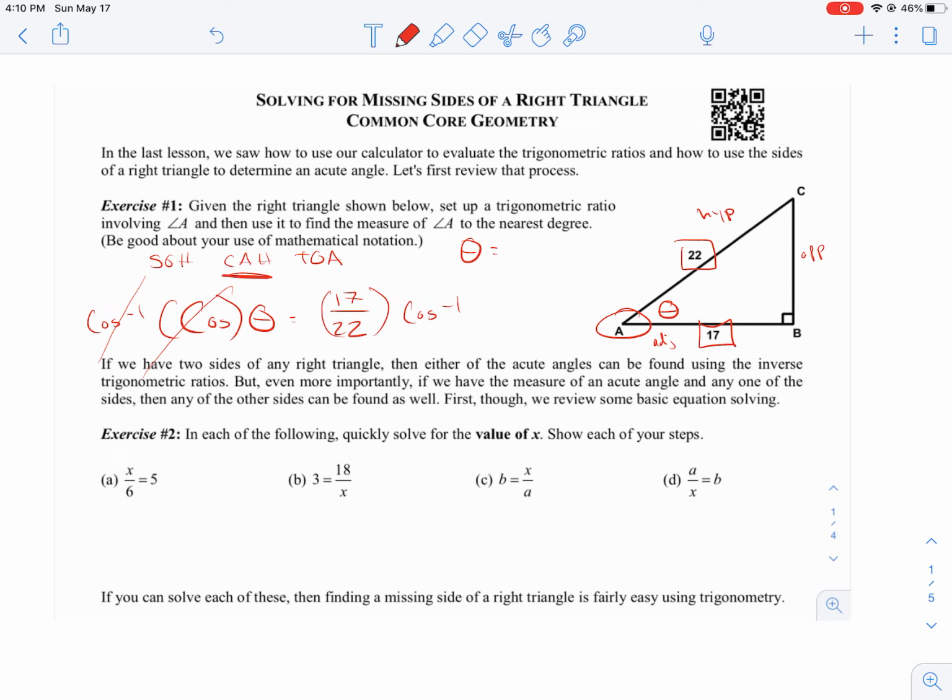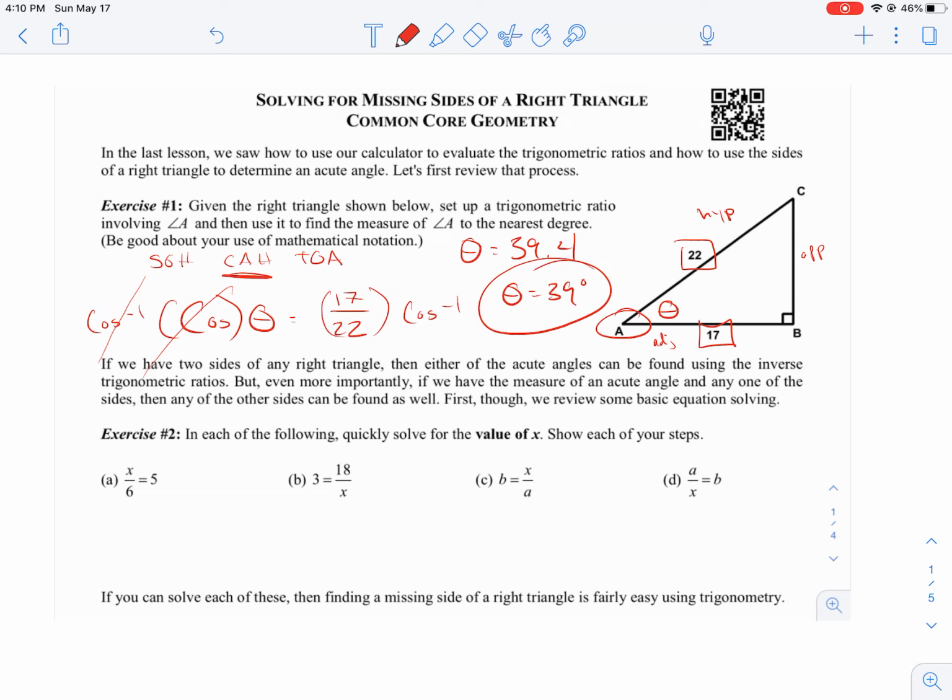Make sure it's in degree mode. 17 divided by 22, and you get theta is equal to 39.4. What does it tell us to round to? The nearest degree, so 39 degrees.